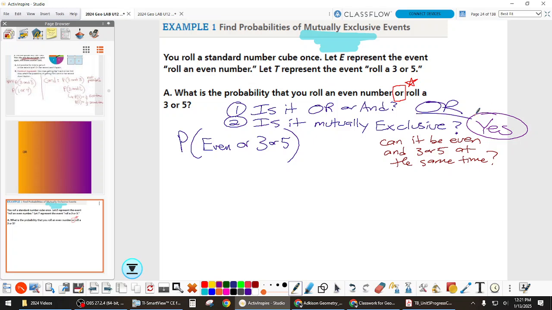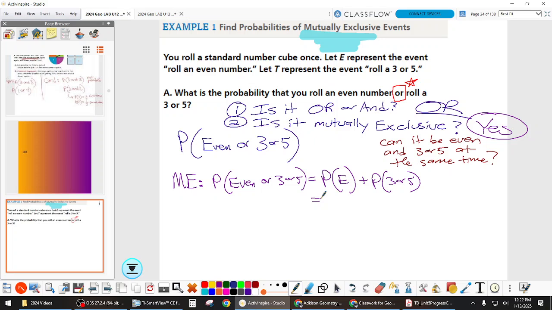All right, so what's our formula? It's going to be P(even or 3 or 5) equals P(even) plus P(3 or 5), right?